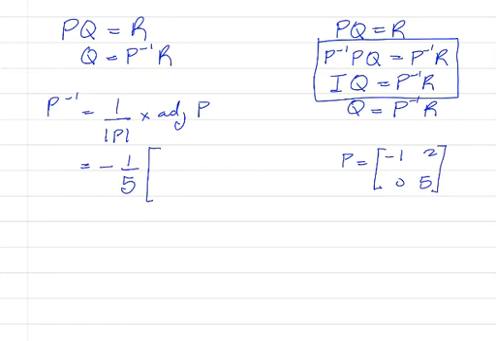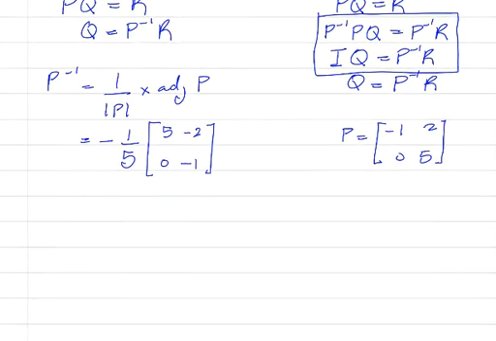So for adjoint P, you switch around the leading diagonal elements. So this is 5 here, minus 1, you switch them around. The other two elements stay where they are, but their signs change to minus 2 and 0. If you change the sign of 0, it's still 0. All right, so this is the adjoint of P, used to form P inverse.